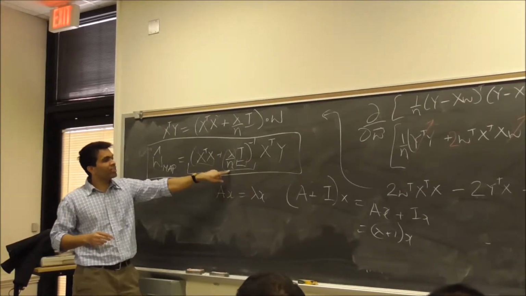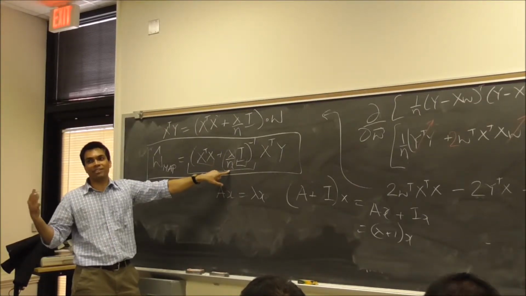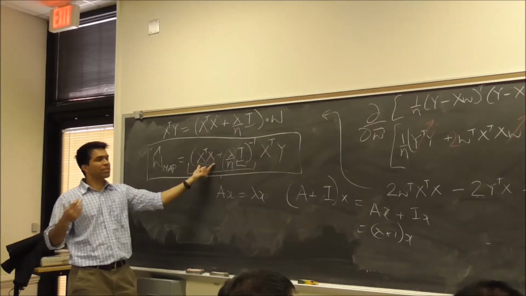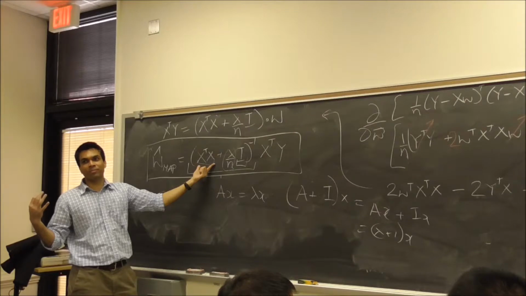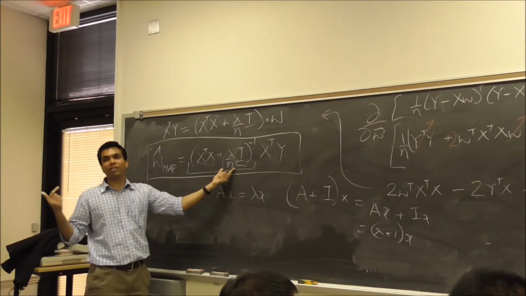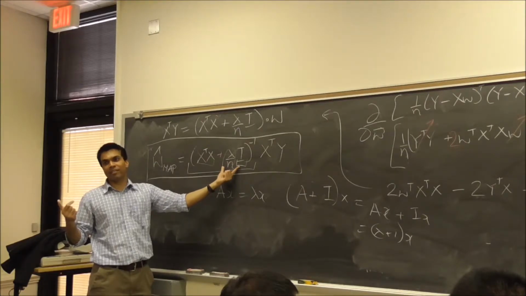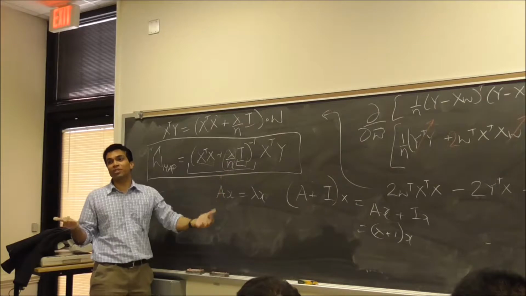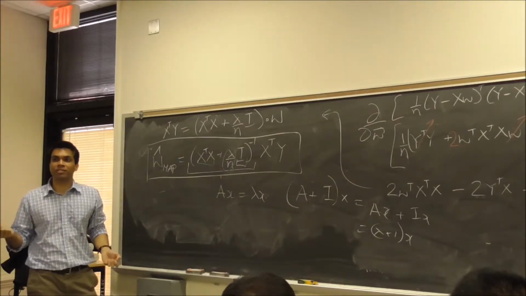If you have a large data set, it's not going to matter. If n is large, then you don't need to shift up the eigenvalues by anything. This matrix will already be nearly invertible. If n is small, if you have a small data set, that's when priors start mattering. Then you can start asking the question, is this a good prior? Is Gaussian what I should add, or should we add something else?